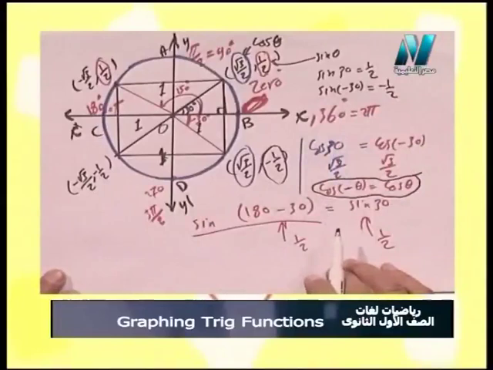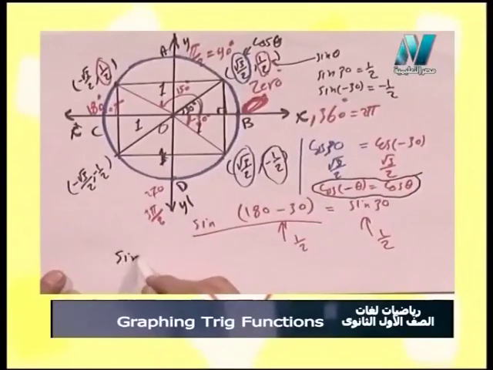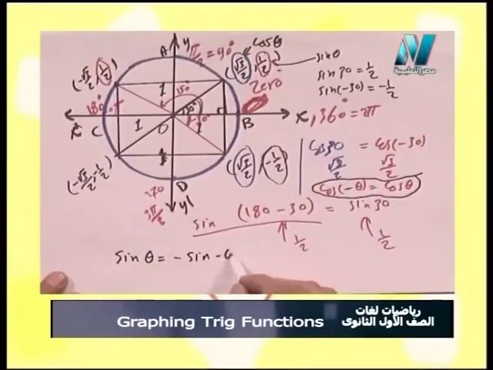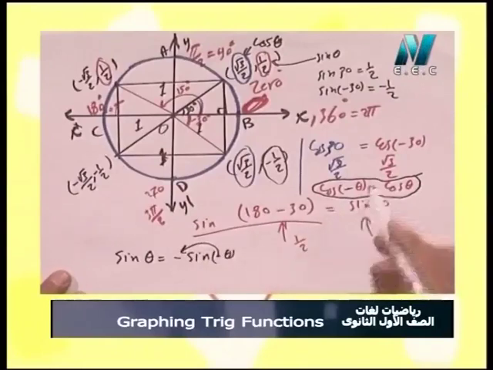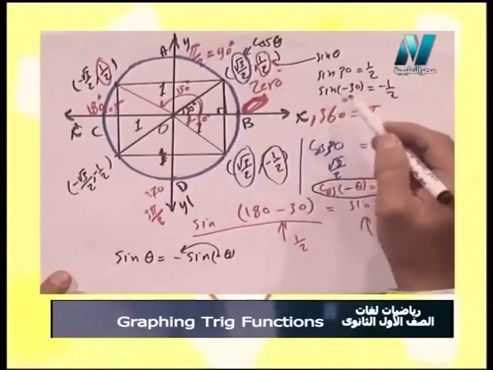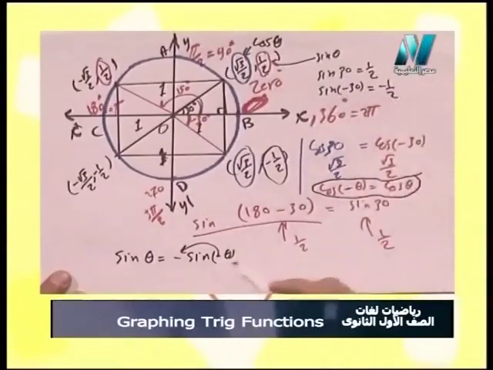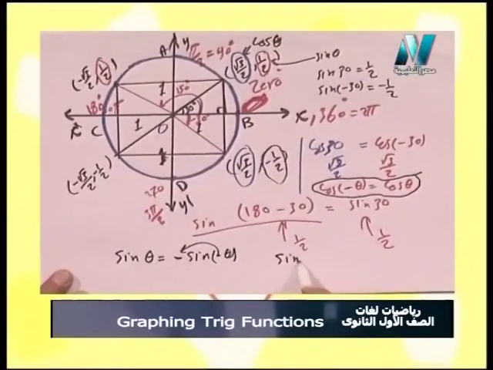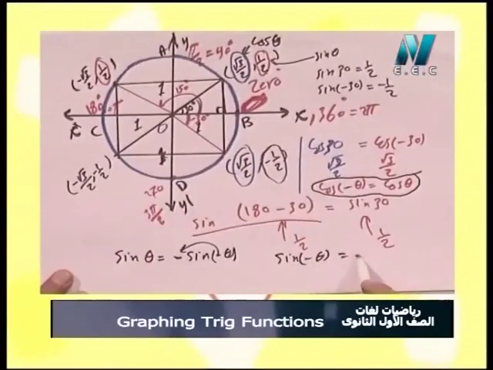So we can deduce that sine negative theta equals negative sine theta, because the negative goes out. So sine 30 equals half, sine negative 30 equals negative half. So when the negative is on the angle of the sine, the negative goes out.